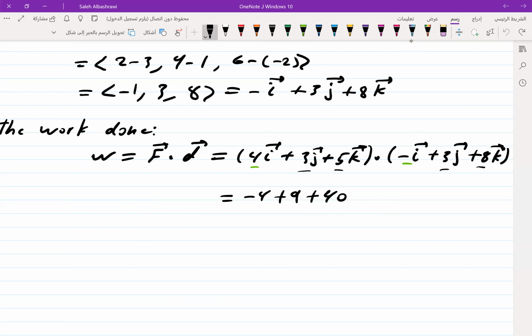So minus 4 plus 9 is 5, plus 40 is equal to 45. So it is 45 newton-meters or joules. So you have to think about the energy here, work done. This is the idea of finding work done by a constant force moving from one point to another one.